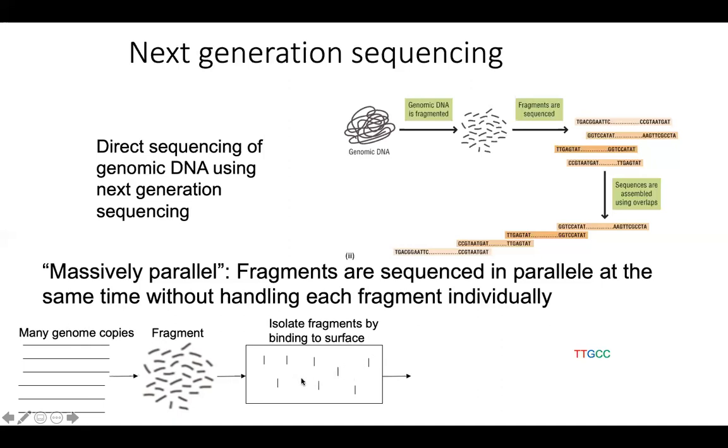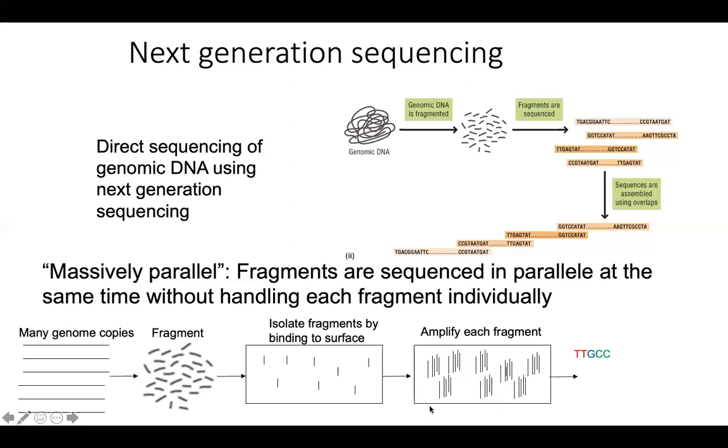Binding to the surface is very important because it keeps those individual fragments that each have a different sequence in place. And now we can treat them in parallel, but still know what is happening with each of these fragments because they're not moving around in a solution.